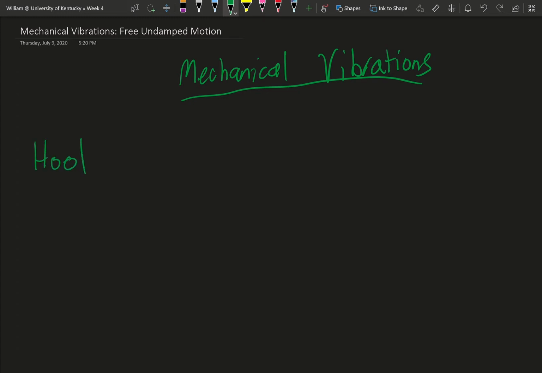Right, so we're going to start off our discussion by mentioning Hooke's law.